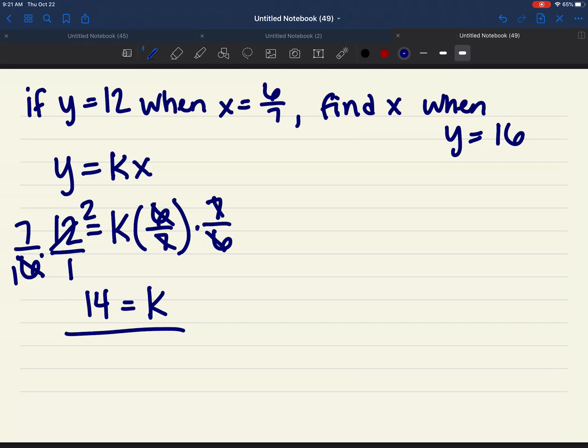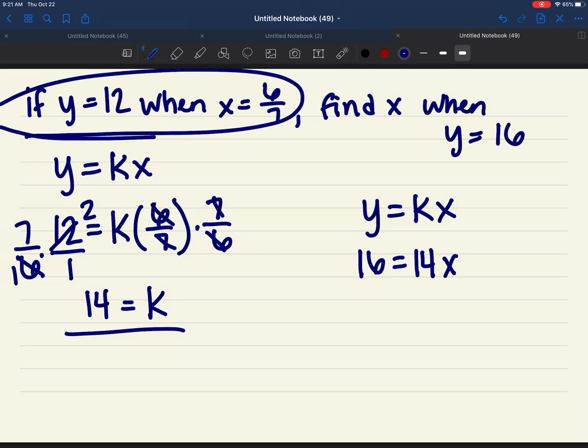Now can I find the value for x when y is equal to 16? So again, you're using this equation every time. Now what does it give you that you can plug in, Leah? What would I set that equal to? Good.